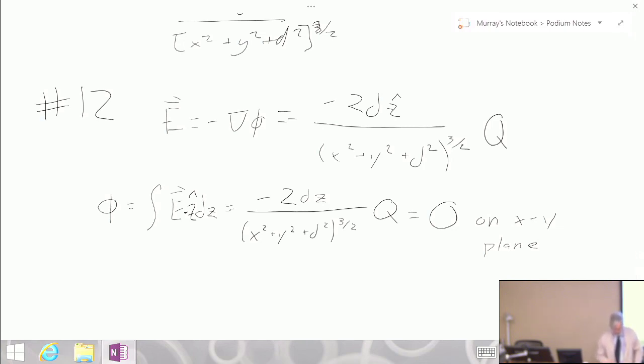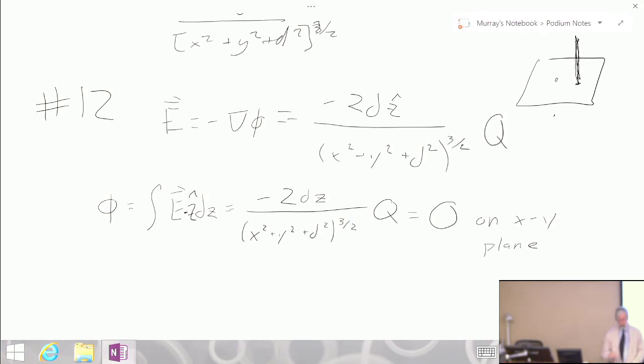If you're moving it from way up here down onto the plane, to some place on the plane, you need the electric field up there. But we didn't find the electric field up there. We found the electric field only on the xy plane. So we did not find the electric field as a function of z.